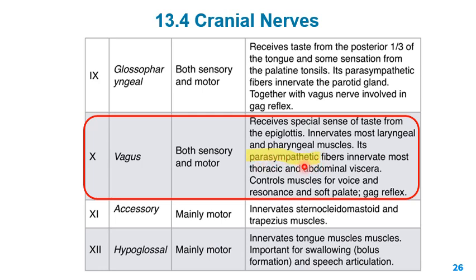You're going to innervate the thorax and it's going to innervate all of the abdominal gut stuff. Okay, so that is your vagus nerve. Besides of that, you're also going to control voice, okay, and gag reflexes, right? So vagus nerve, very, very important.